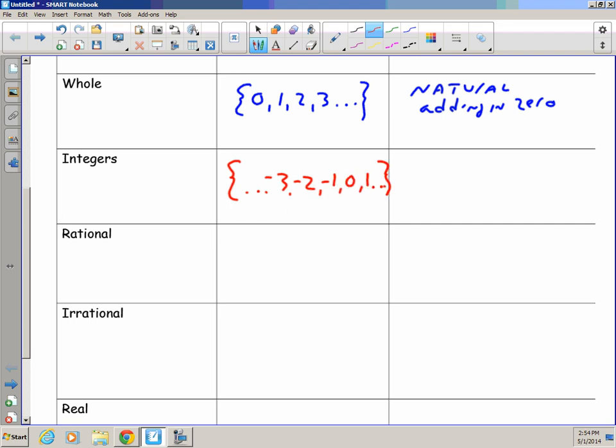So it's the whole numbers and their negatives, and it's like a number line. Okay?